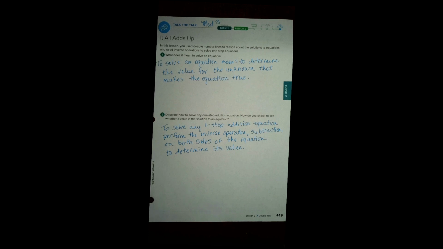And then it asks, how do you check to see whether a value is the solution?